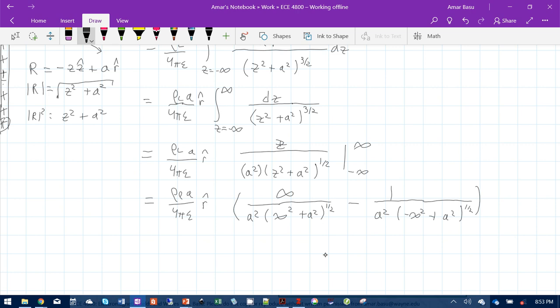Okay, let's do this. Infinity over A squared times the square root of this term here, infinity squared plus A squared. It's approximately infinity squared. Take the square root of that. You have this.